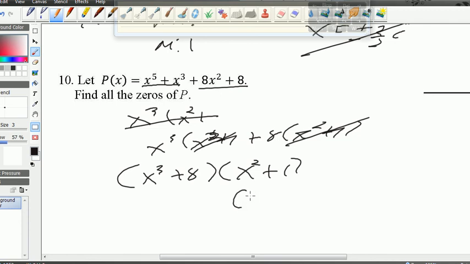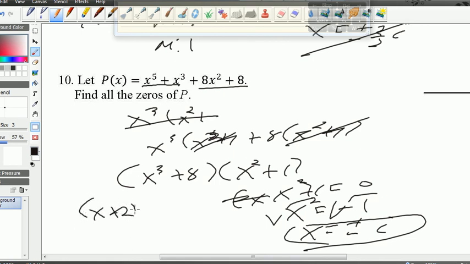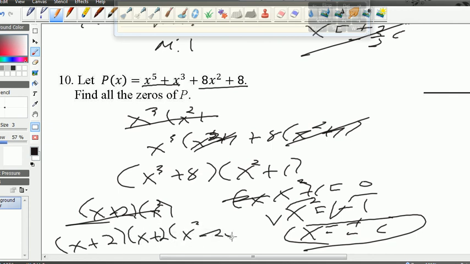You factor this, x squared plus 1, set that equal to 0. So that gives me x squared equals minus 1. Take the square root, x equals plus or minus i. That's imaginary, not a solution, not a 0. x plus 2, x squared minus 2x plus 4, right?